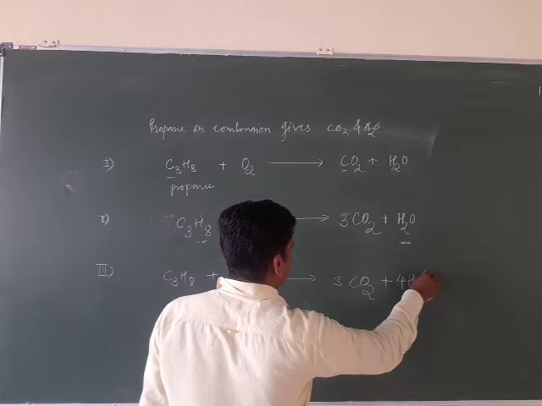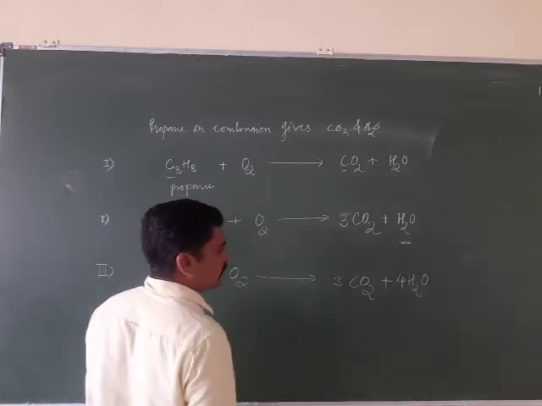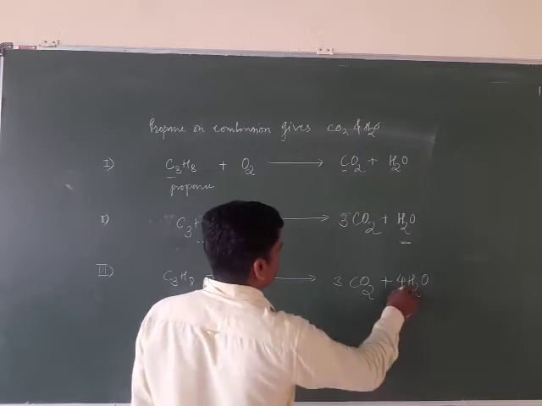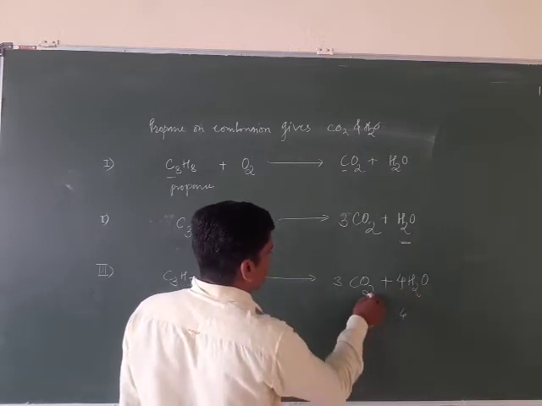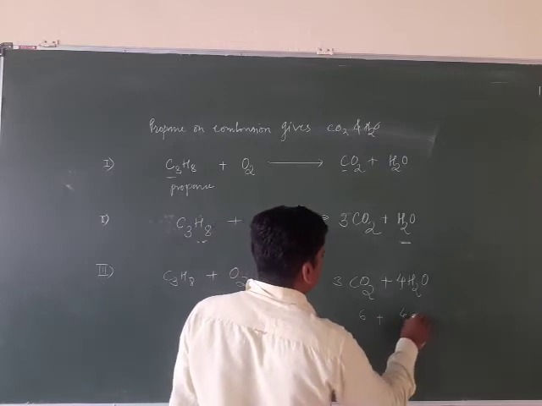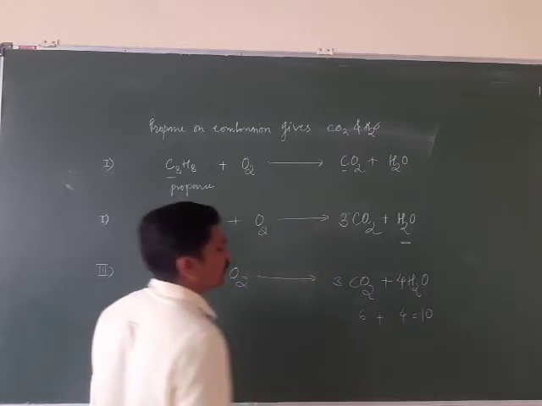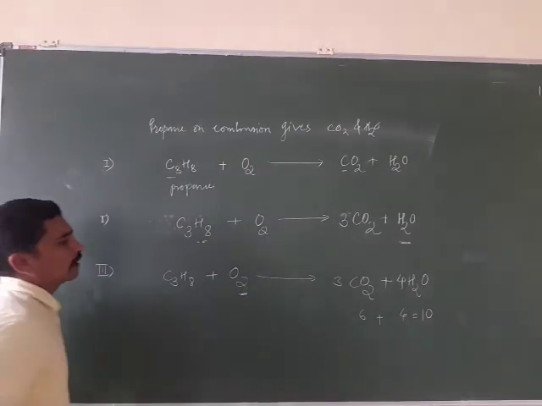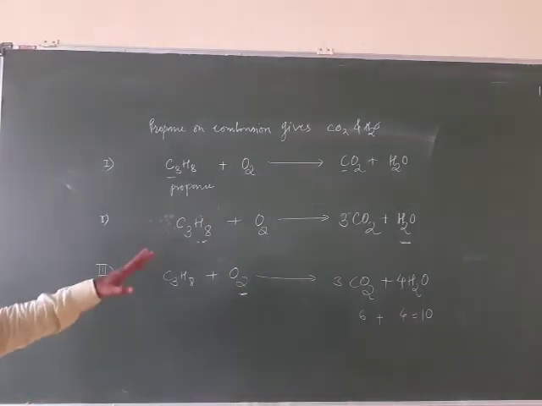Now check for the oxygen atoms. Here, 4 are from water and 2 into 3, that is 6, from the carbon dioxide. Total 10 oxygen atoms on the right hand side and only 2 oxygen atoms on the left hand side. It means we have to increase this by 8.